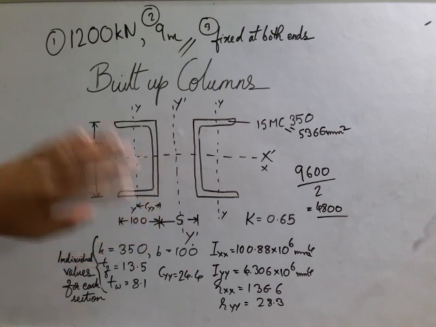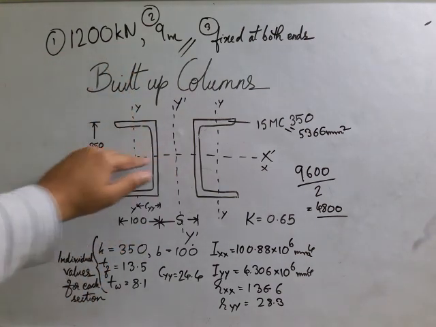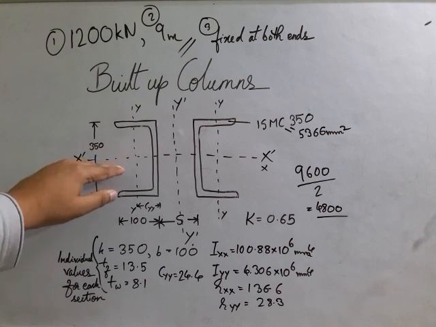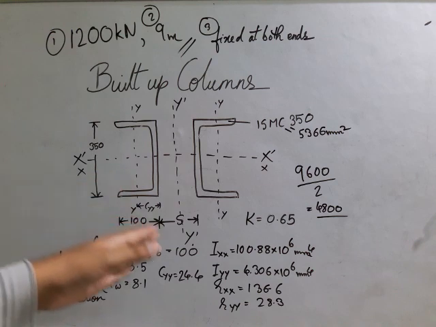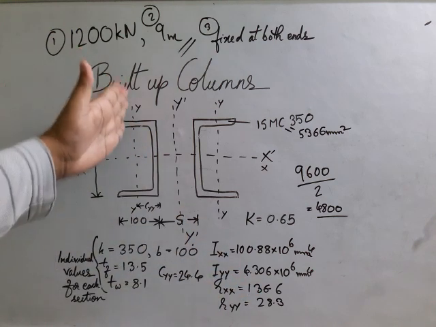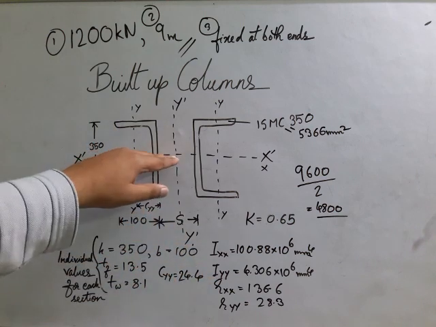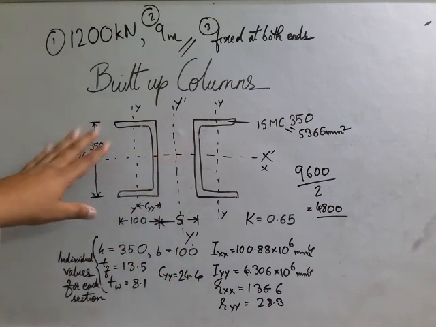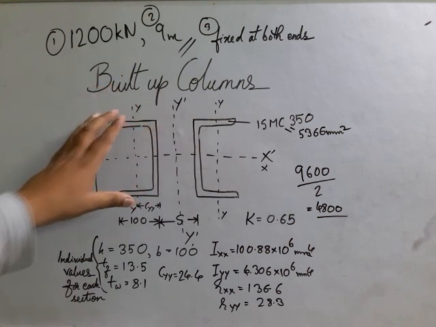This is universal. In this section, this is the y-axis and this is the x-axis. In reality, the Iyy value, the moment of inertia about the y-axis, is less than the moment of inertia about the x-axis. So this section is weaker about the y-axis.